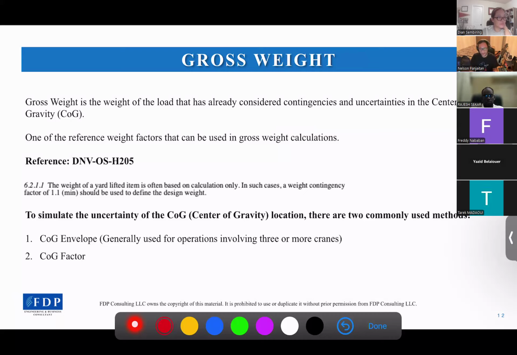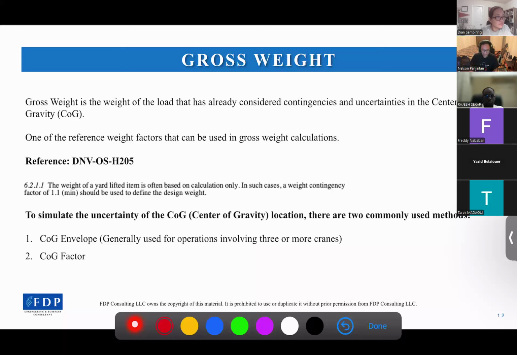It is mentioned the weight of your lifted item is often based on calculation only. In such cases, weight contingency factor 1.1 minimum should be used to define the design weight. So yes, we can use that 1.1 based on the TNP. Otherwise, we need to look at another reference that says differently, or as an option, maybe you can refer to ISO.